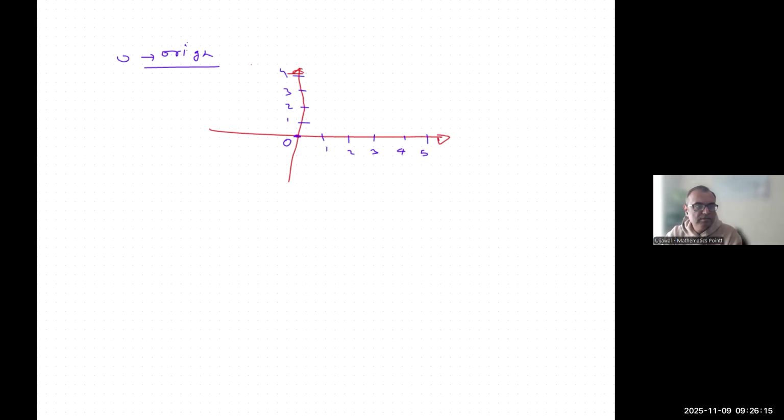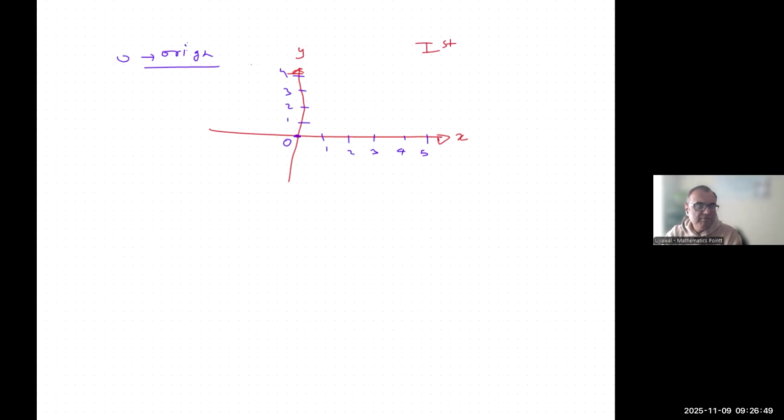This is the x, and that is the y. Now, this is the first quadrant. At any given point in time, we represent the position of any particular point in terms of its coordinates.